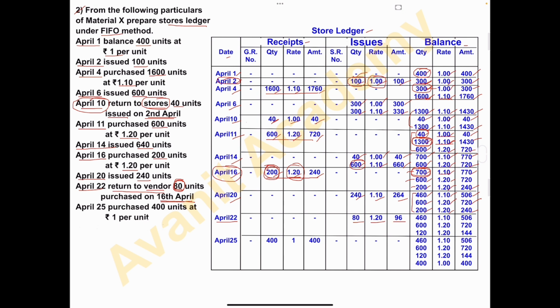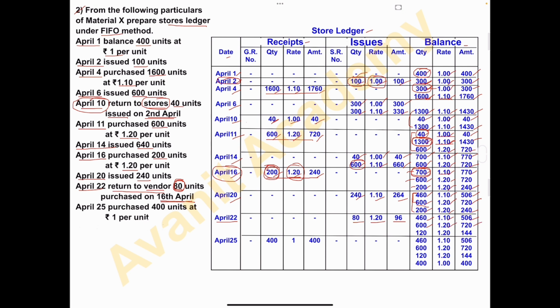So this 80 you have to minus, correct? On 16th April we have purchased 200 units, and from this 200 only we have returned 80 units. That is the recent purchase. So remaining two stocks we will write as it is, that is 460 at the rate 1.10, and the amount is 506, 600 at 1.20, 720.